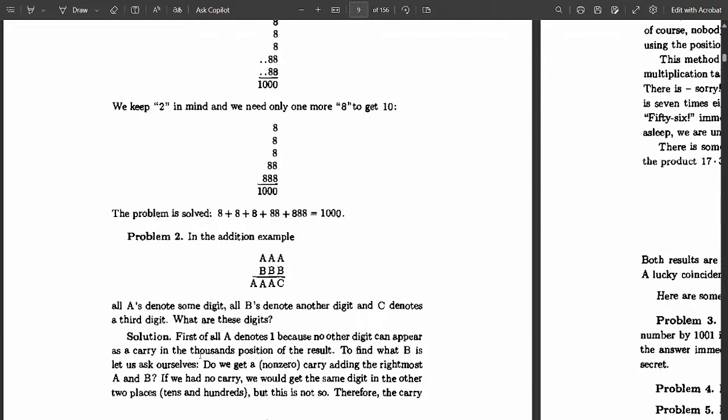So there is never any possibility that our carry can go beyond 1. The only value that it can attain is 1. And this is pretty clear, this is pretty evident. Okay.